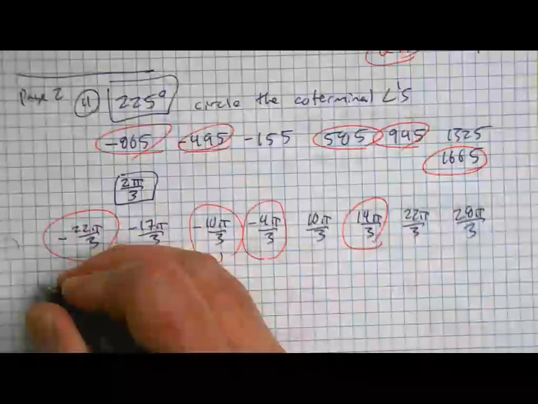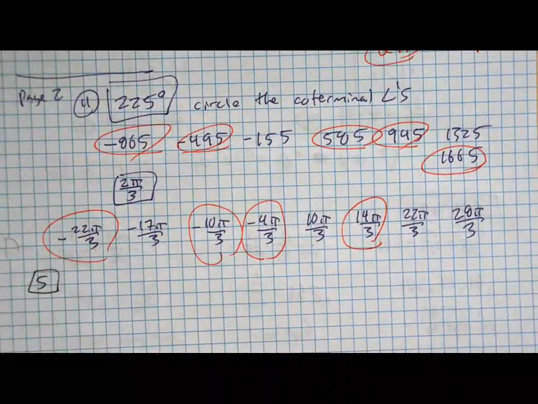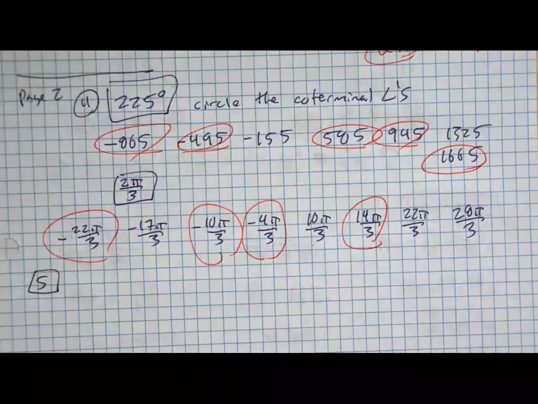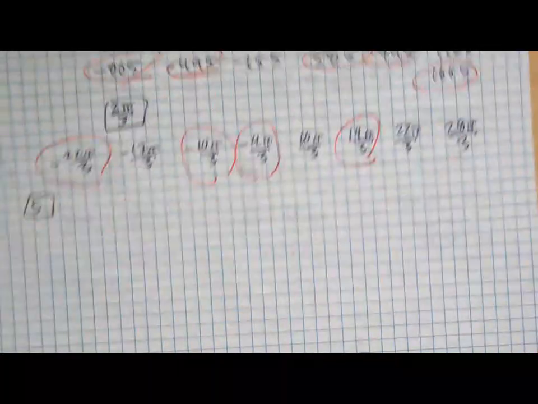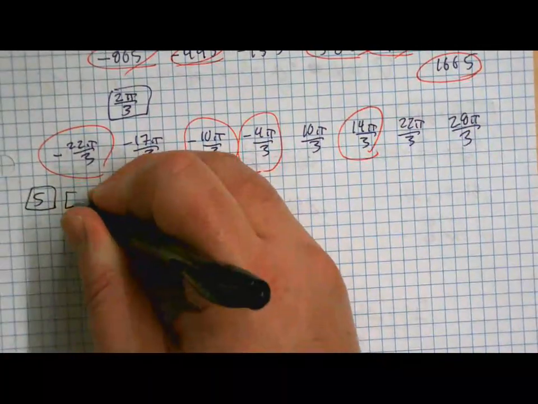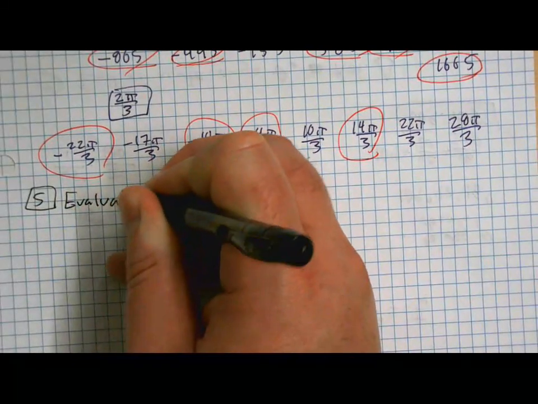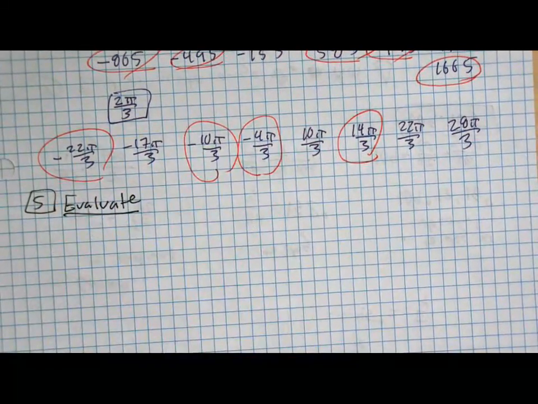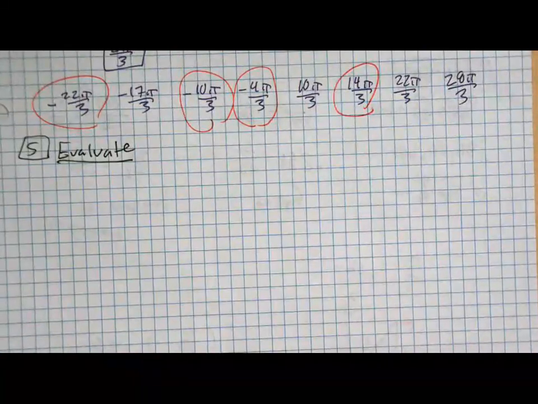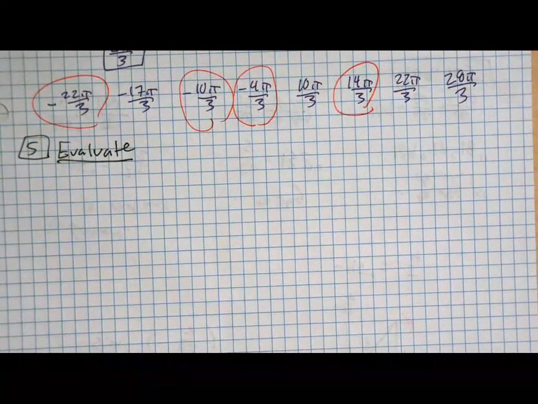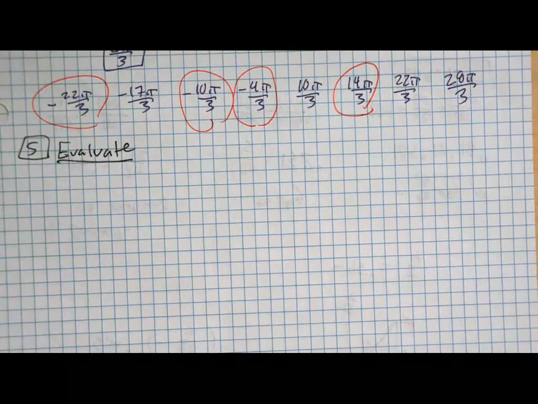Number 5, also on page 2, we're going to evaluate. There are 4 parts to this, and an x and y axis is provided for you to create a reference triangle.